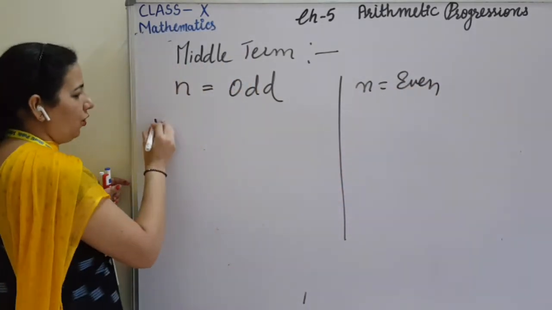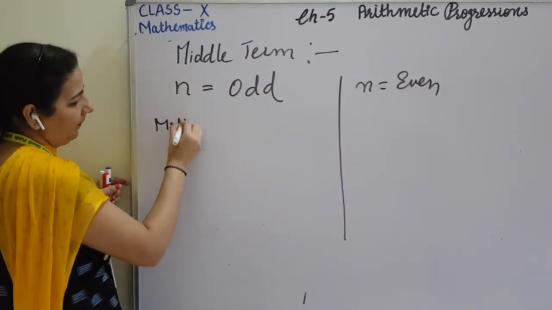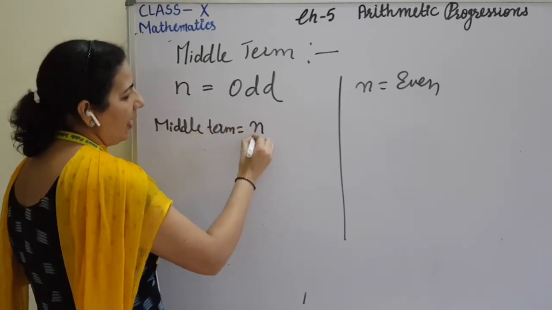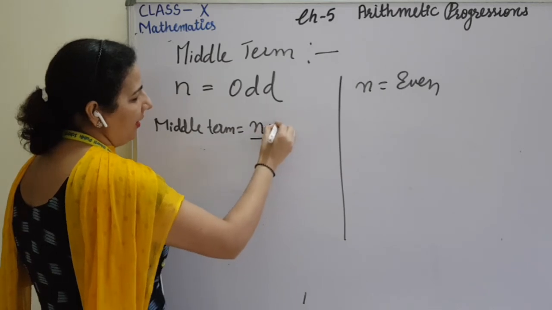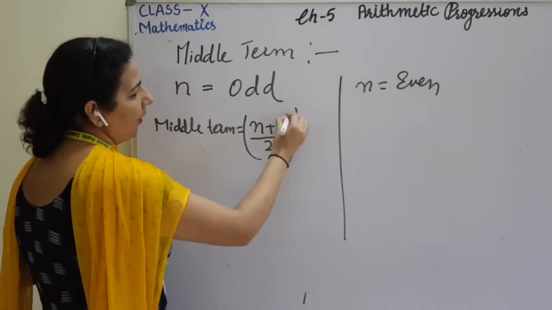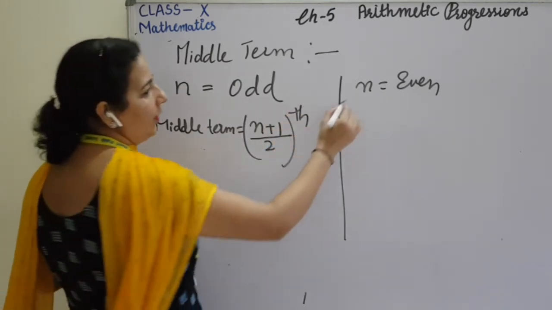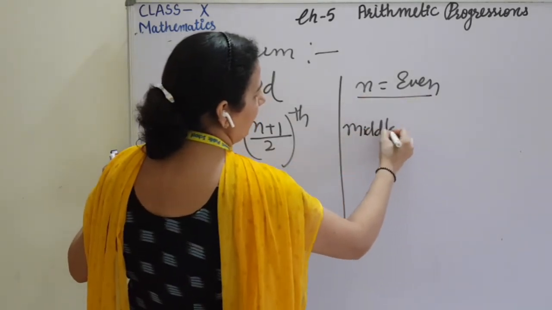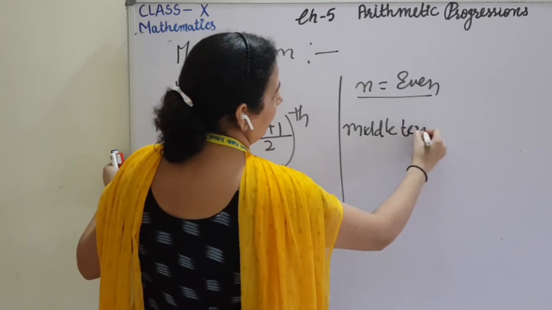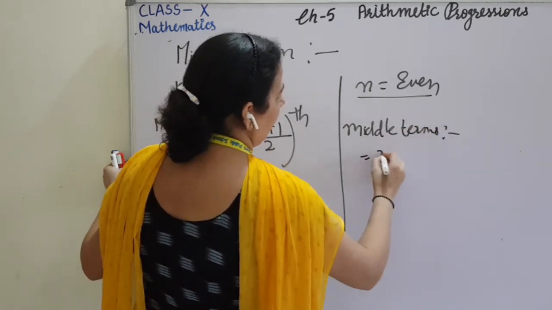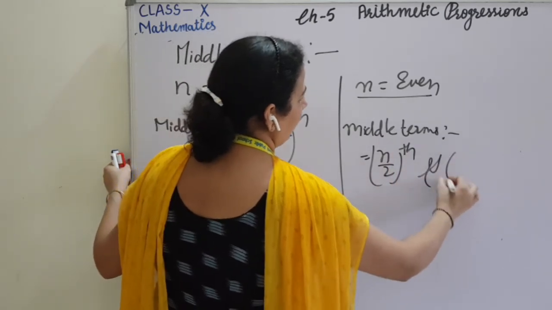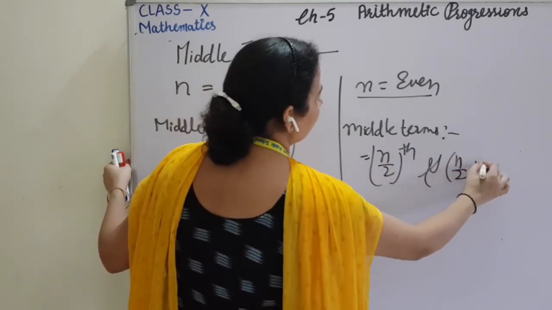So if n is odd, the middle term will be the (n plus 1) upon 2 th term. And if it is even, then there will be two middle terms, the n upon 2 th term and the n upon 2 plus 1 th term.